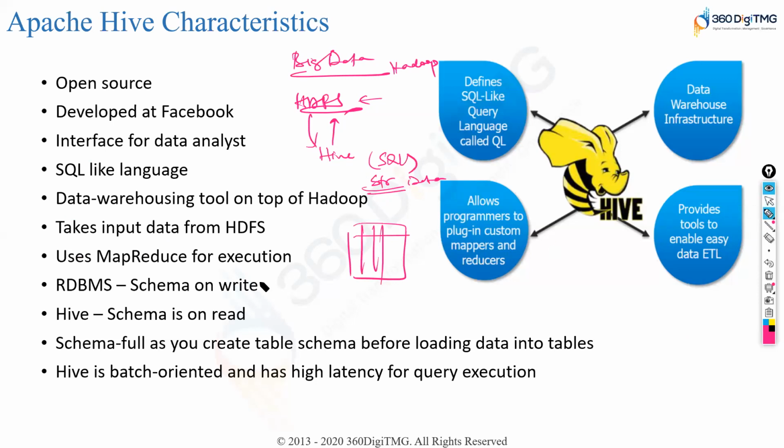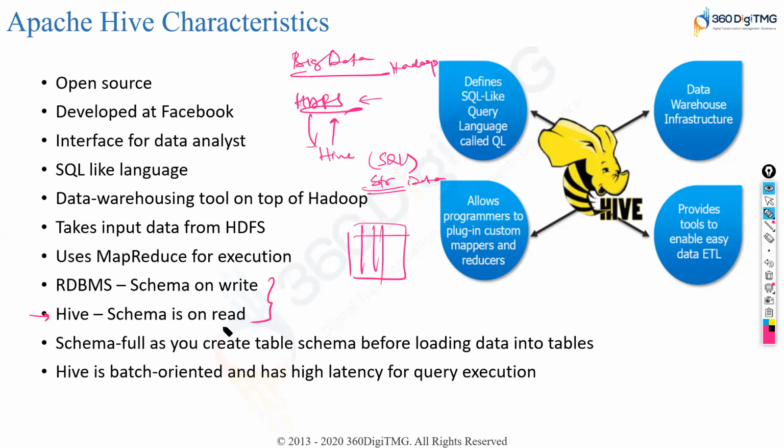That's basically the characteristics. RDBMS is schema on write. That means you'll only work with structured data. Hive is schema on read. That means if you have to work on any data, it has to become structured, right? So you will basically convert unstructured data to structured format in Hive.